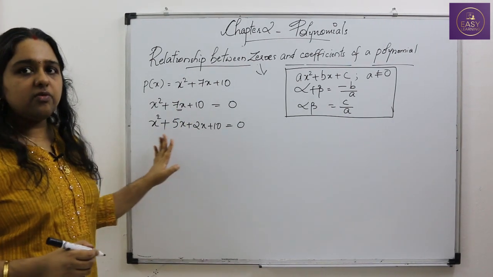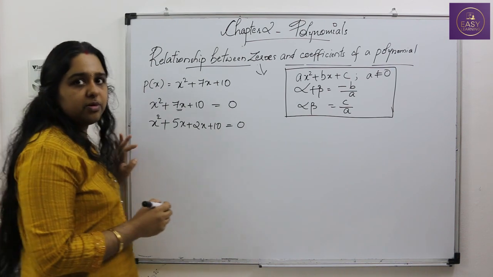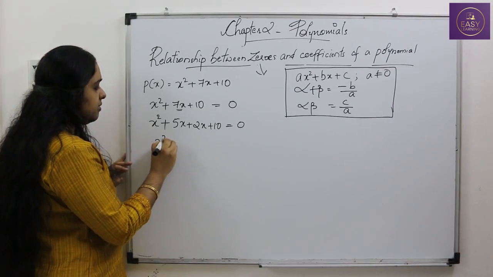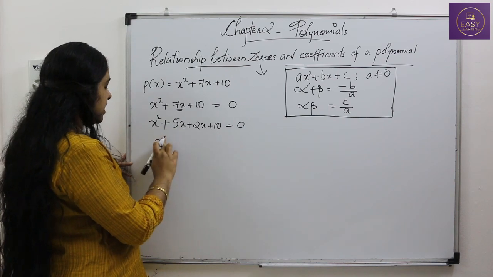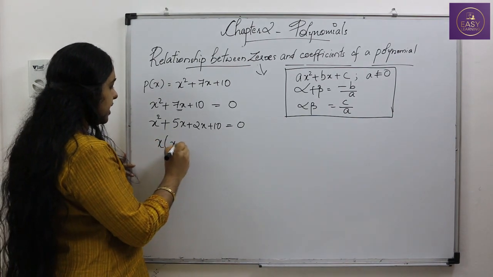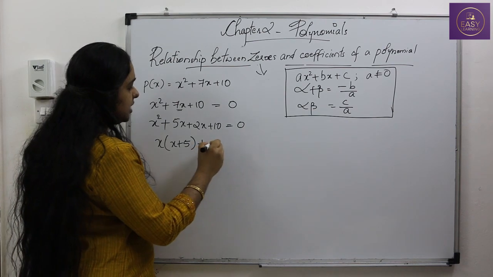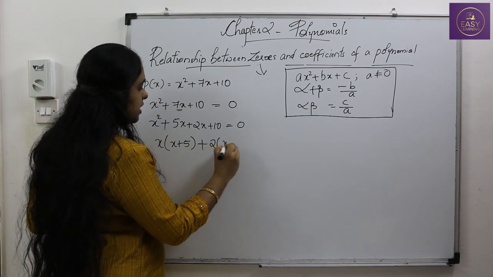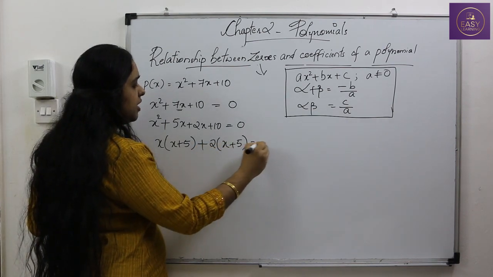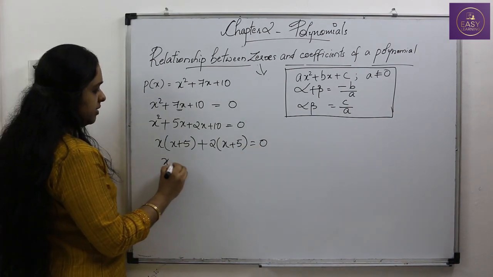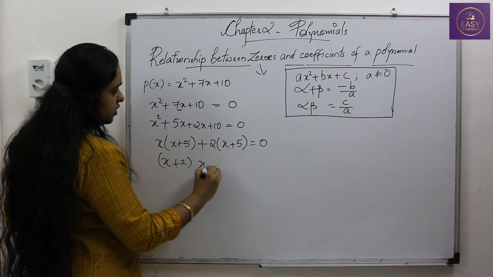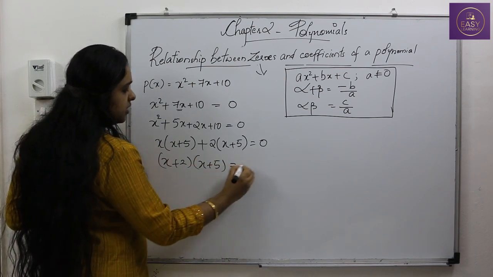This is the way you solve a quadratic equation. I hope you remember all this. Then it will become x square plus 5x, then we take x as common: x into x plus 5, plus 2 into x plus 5 equals 0. Then this becomes x plus 2 into x plus 5 equals 0.